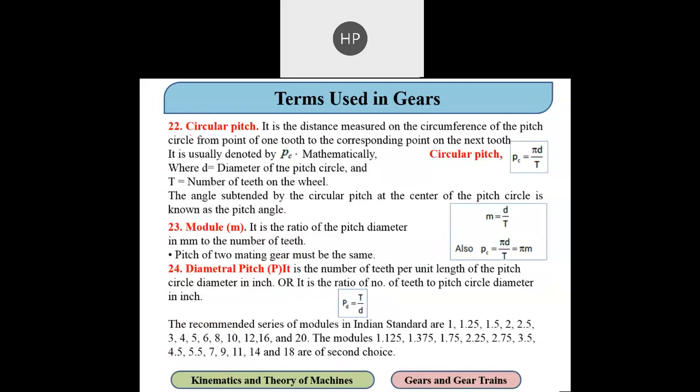First, circular pitch: it is the distance measured on the circumference of the pitch circle from a point on one tooth to the corresponding point on the next tooth.